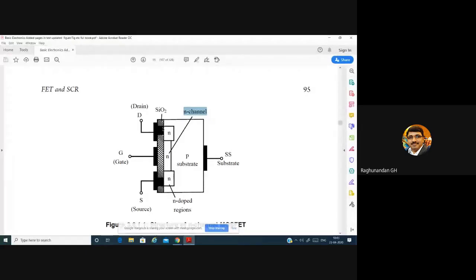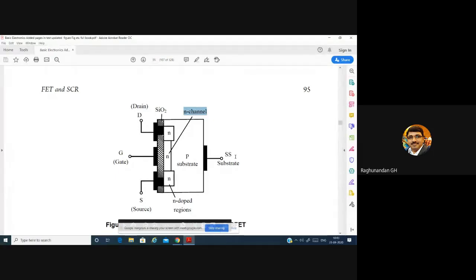In order to have a connection between these two, we'll add one layer of N layer. So this N layer will act as the channel, the path for the electrons to flow from source to drain. Since we are using an N channel to connect them, this type of MOSFET is known as N channel MOSFET.